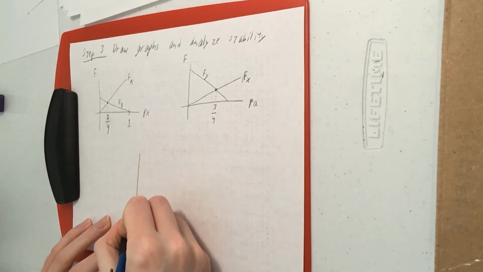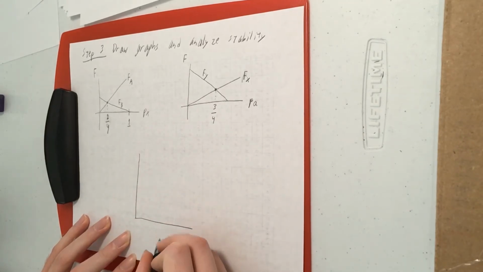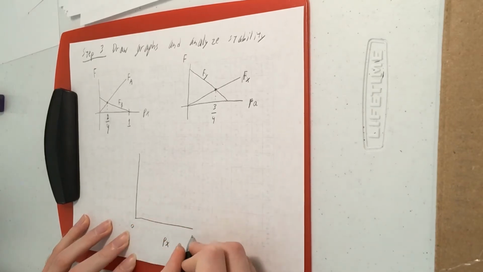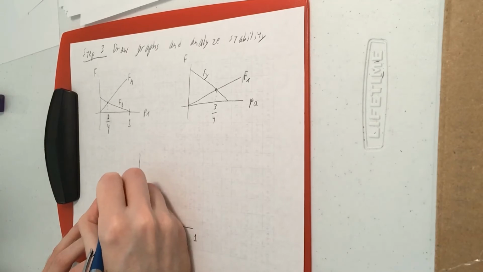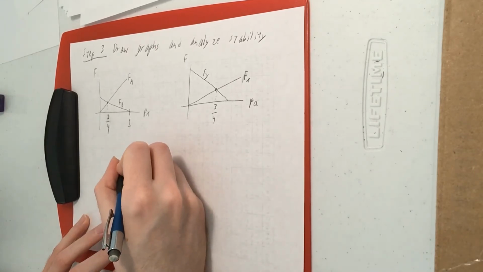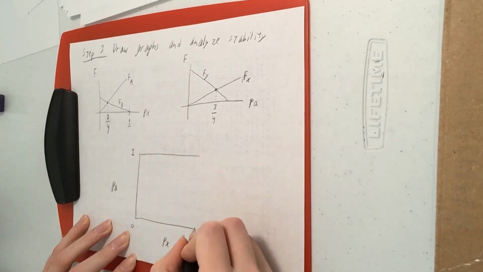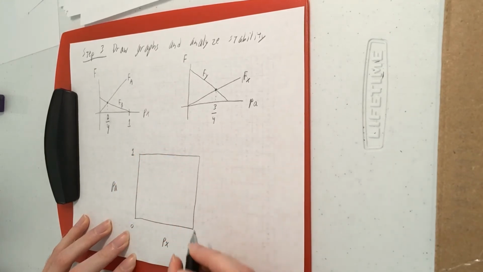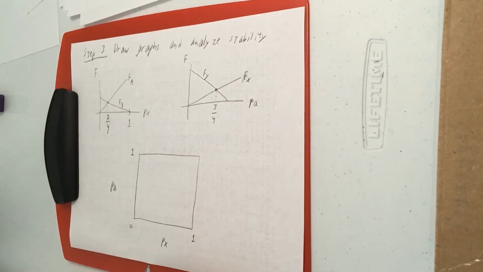So we're going to draw a box here because we have two axes. I'll put px on this axis over here, and px can go from 0 to 1. And I also have PA that I'll put over here that also ranges from 0 to 1. So every coordinate in this box here corresponds to some fraction of A types and some fraction of X types.